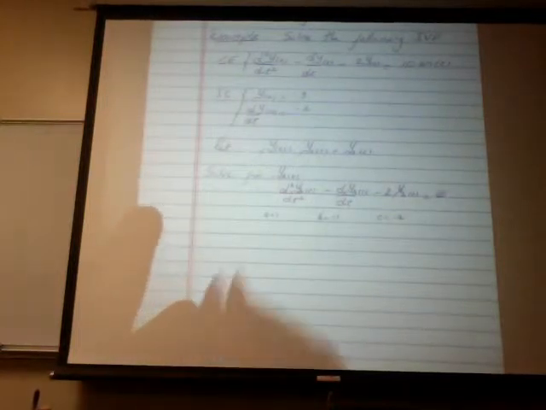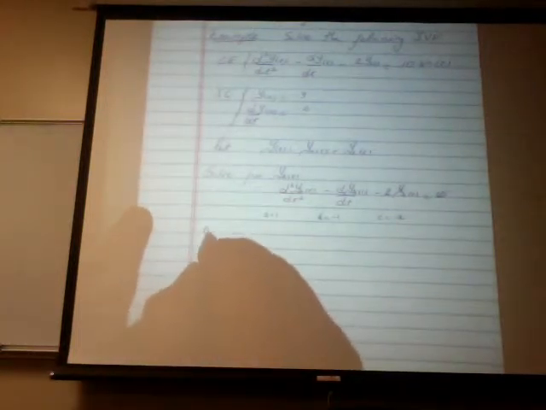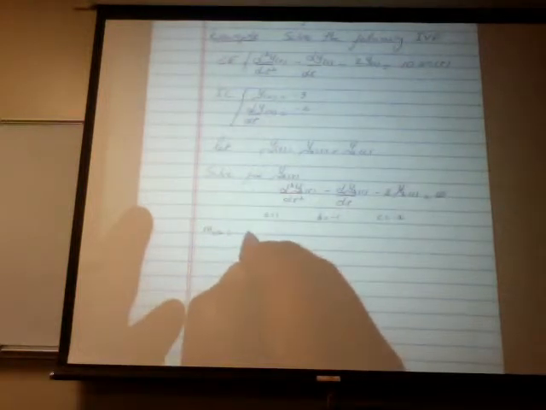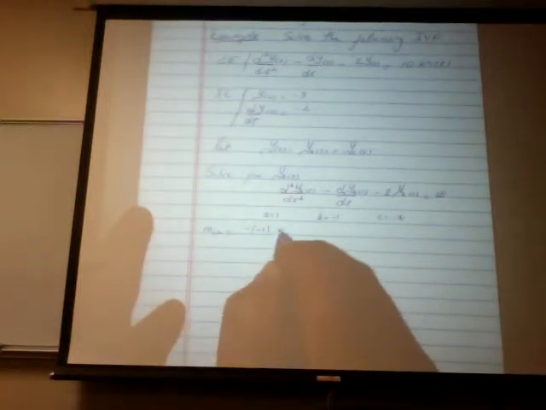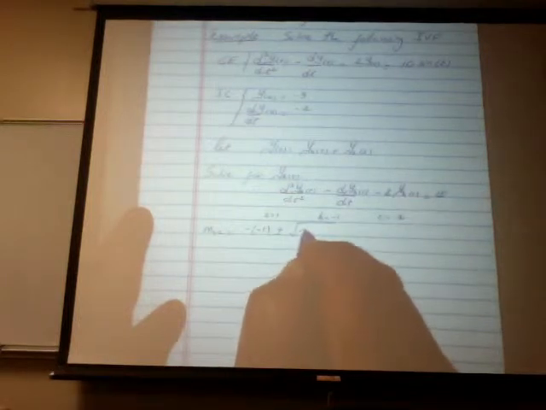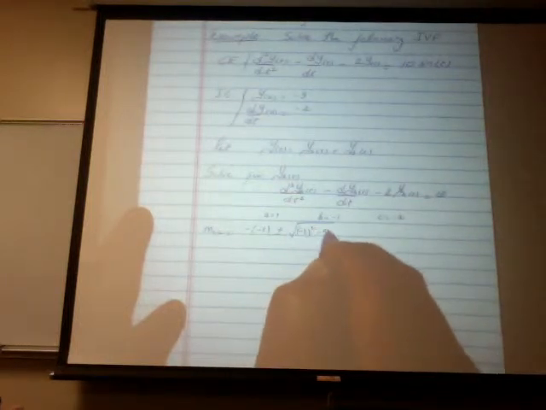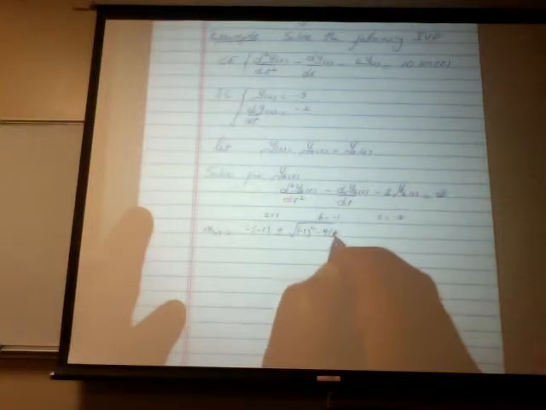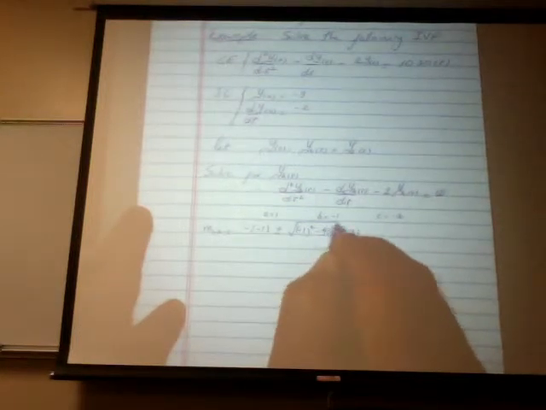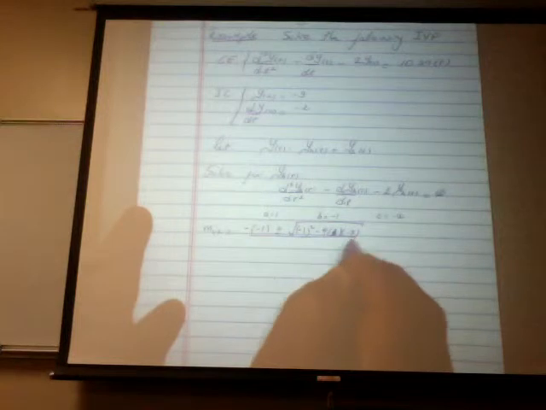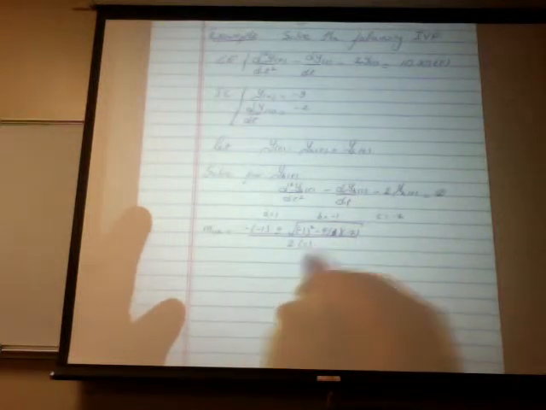So the roots m1,2 will be minus b, so 1, plus minus the square root of (-1) squared minus 4 times 1 times -2, divided by twice 1.